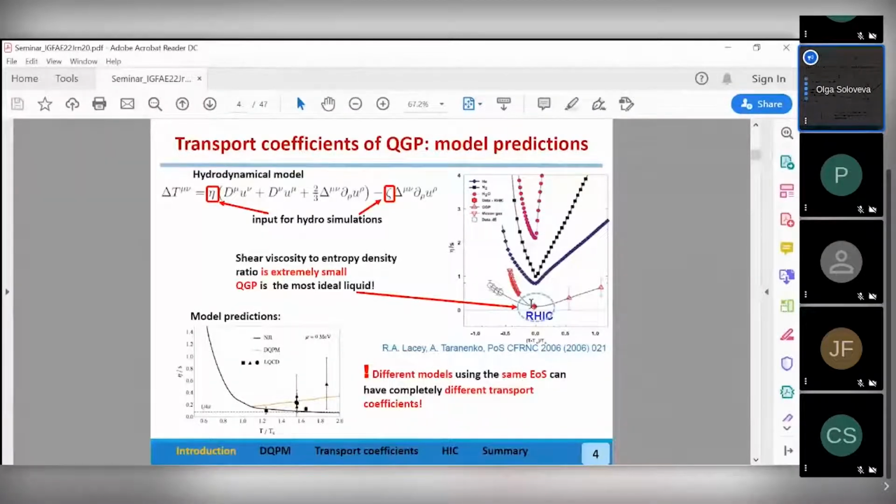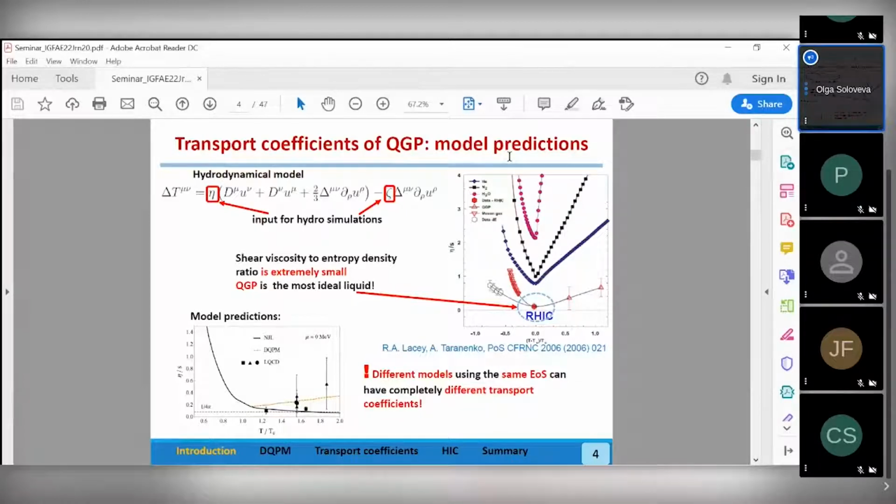And it was a big surprise that the shear viscosity to entropy density for QGP was found to be lower than for helium, for example. Here the blue dots correspond to superconducting helium, or here, for example, to water.